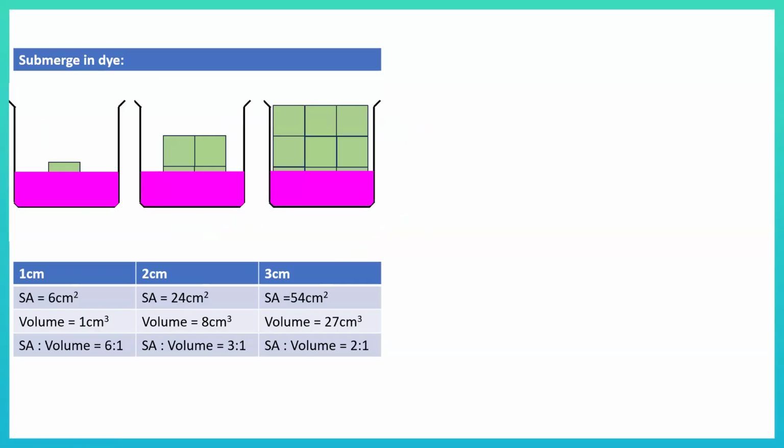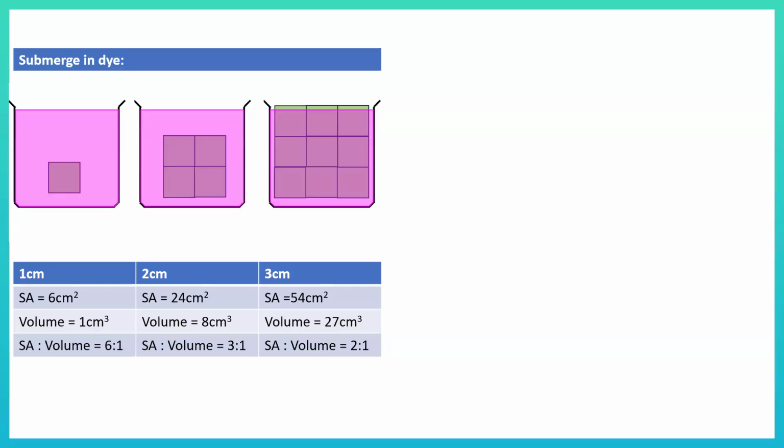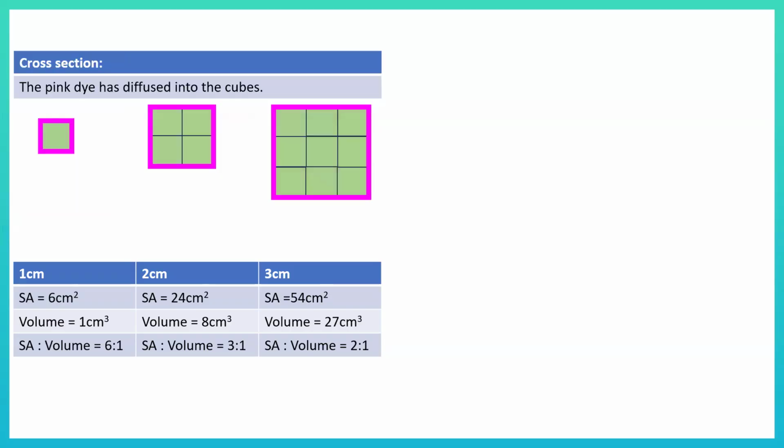I think probably the most important thing, rather than the maths itself, because you can always go over the maths, is this slide here. If you imagine you've got each one of those cubes and you put it inside a beaker, and I've just got some pink dye so I can track how far it's diffused.